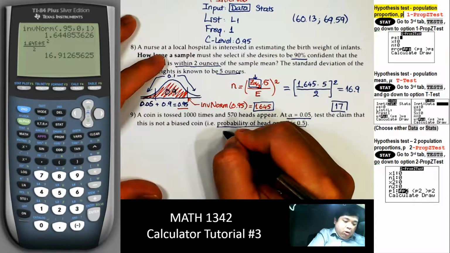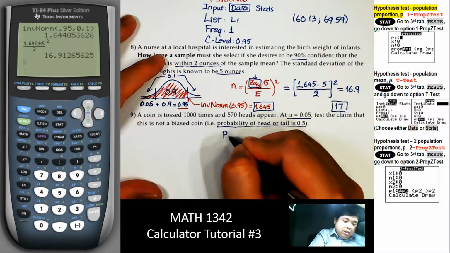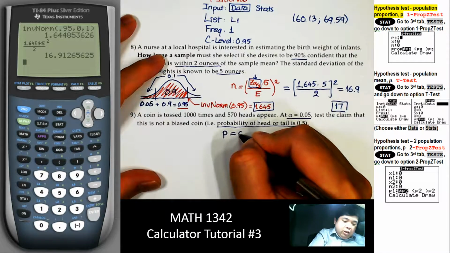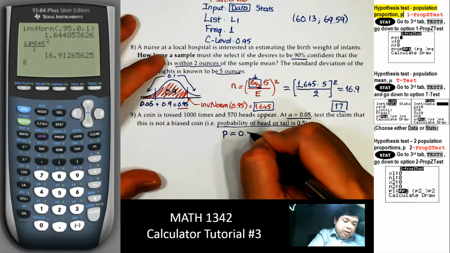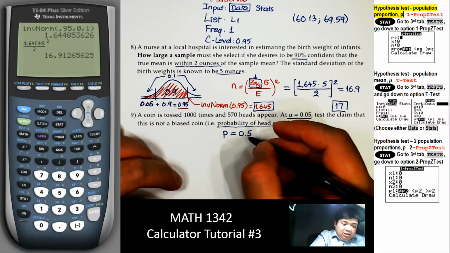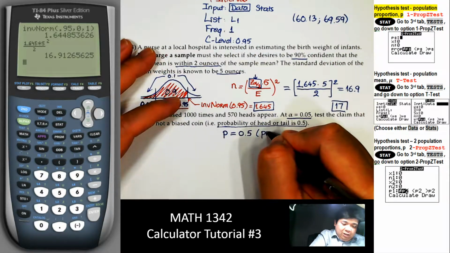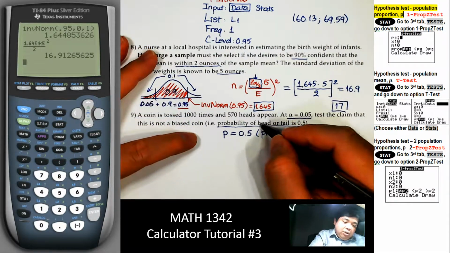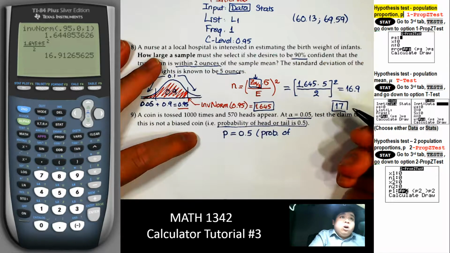So let's say the probability is equal to 0.5. That will be the probability of getting a head on a coin.